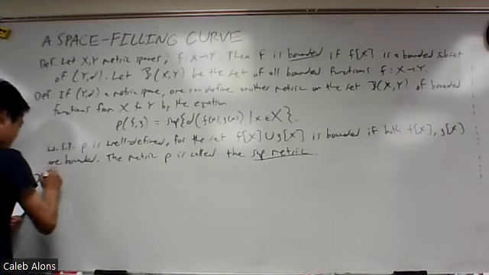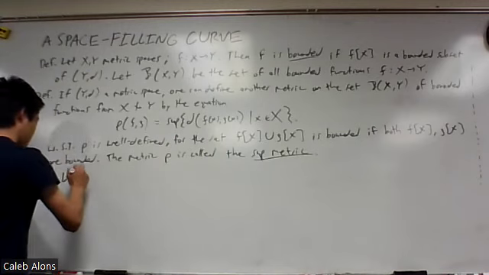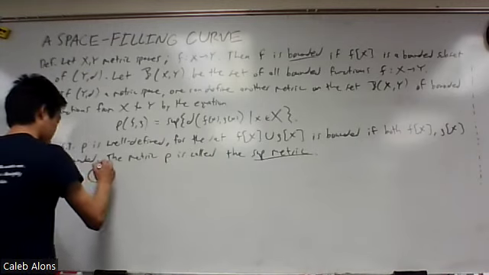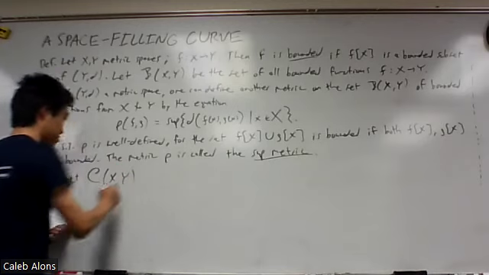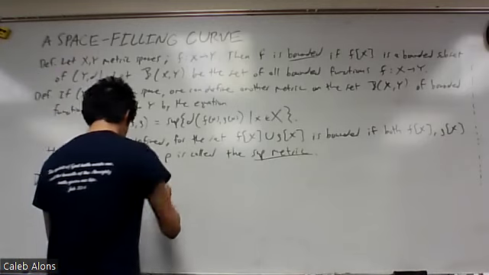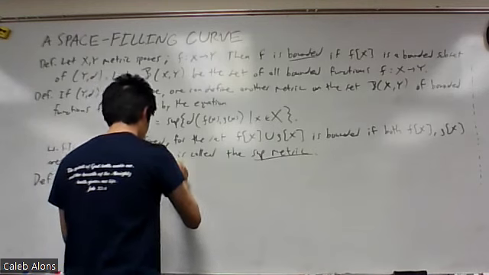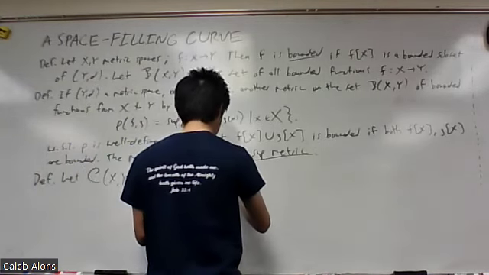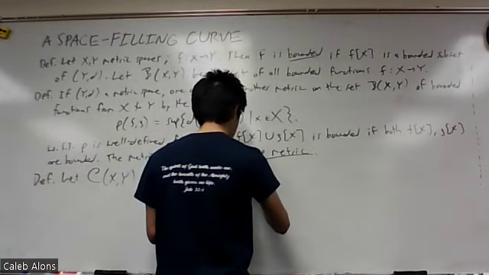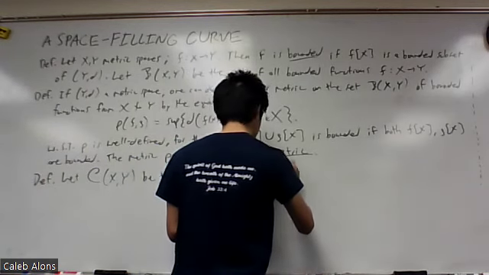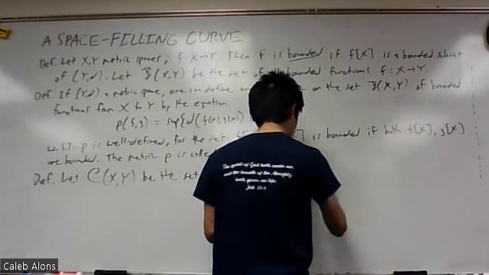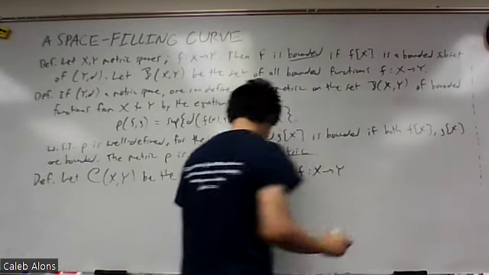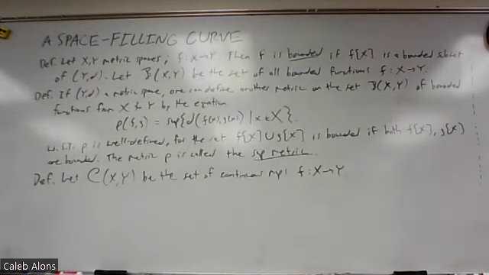And then as a notational thing, we're going to call this script C with two metric spaces X, Y to be the set of continuous maps from X to Y. Okay. So now we can make our space filling curve.